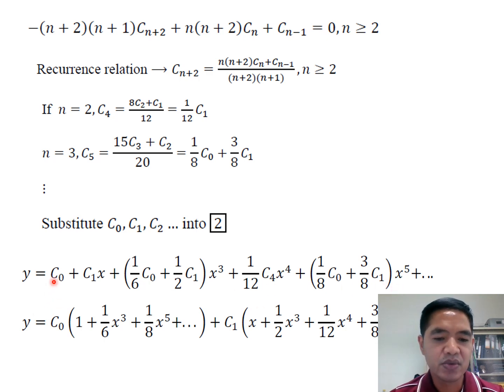Then you substitute c1, c2, c3, whatever into the general form of the solution. Just go back to the previous slide, look at the general form, and plug in the values. So we get c0 plus c1 x plus, because c2 equals 0, we don't need to substitute c2, and this is c3, and c4 is here, 1 over 12 c1. Actually this is c1.